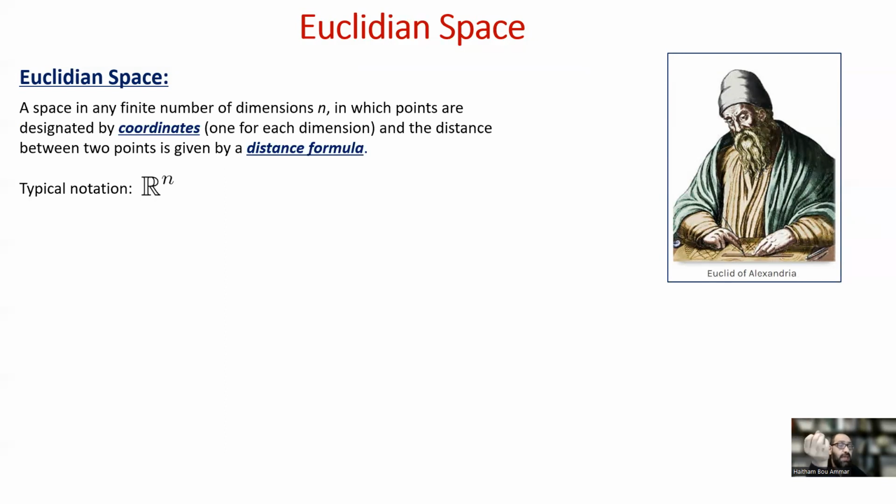So to describe a point in space, you will need n coordinates, and we will say what a coordinate is. But for now, imagine a space with n dimensions, and points are designated by coordinates, one for each dimension. And you have the ability to define distances between points by some distance formula.